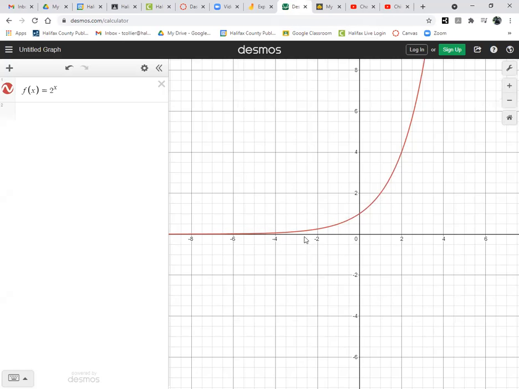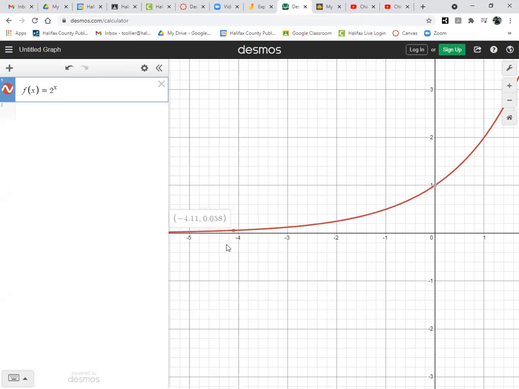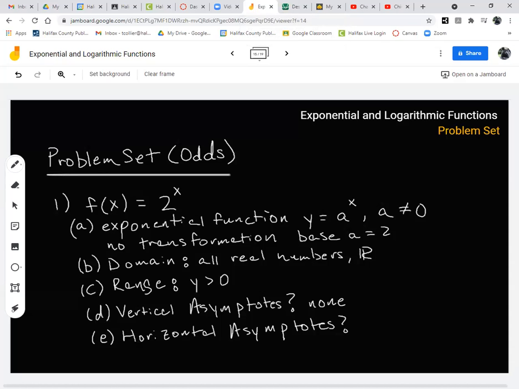So we can zoom into this and we can see that the graph is never going to cross the x-axis. In fact, the x-axis is a horizontal asymptote. And the way we write that is y equals 0. And y equals 0 is also known as the x-axis.